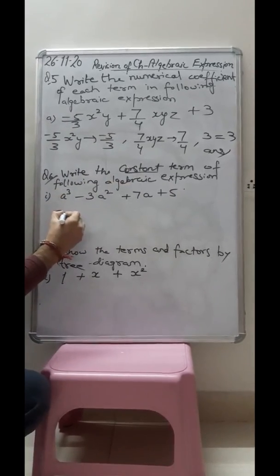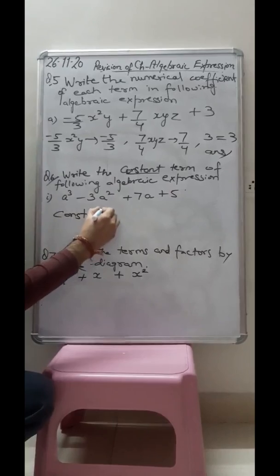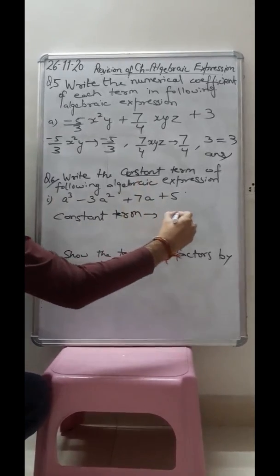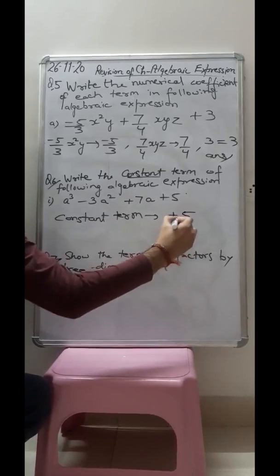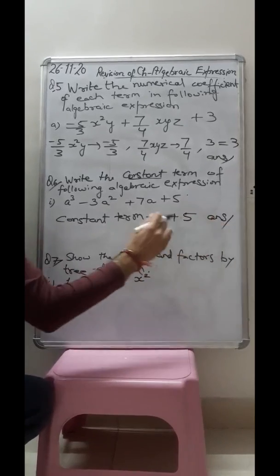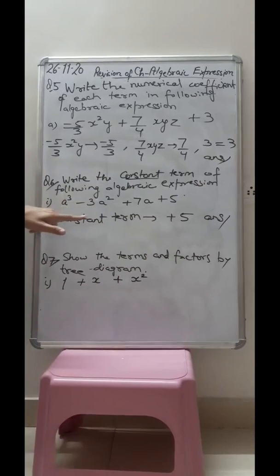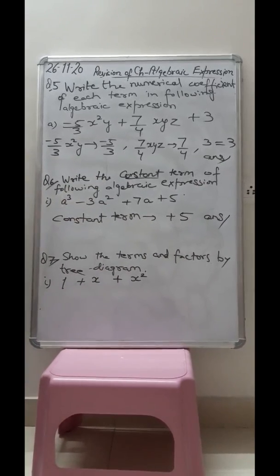So the constant term in this expression is plus 5. That is your answer. So in this way we can write down the constant term.